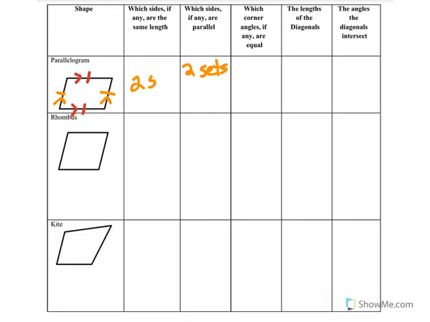So both of these is 2 sets. Angles that will be equal are the opposite angles. So this angle and this angle will be the same, and this angle and this angle. So opposite angles.